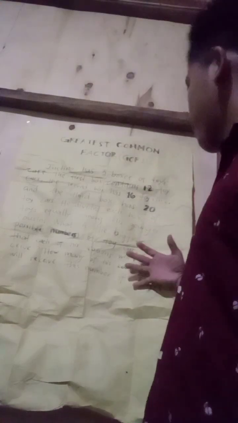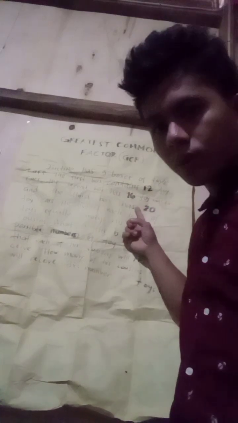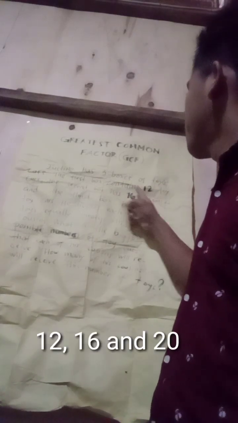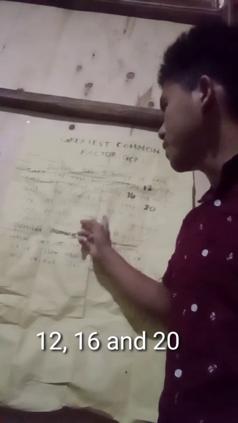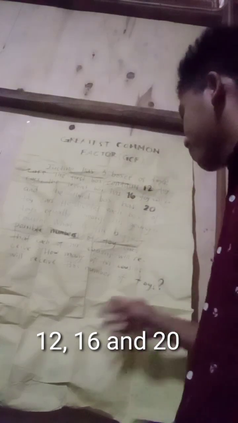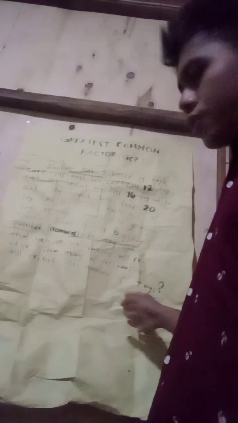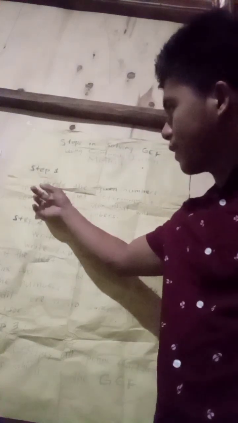So in this problem, we are given 12, which is the first box, 16, the second box, and 20, the third box of toy cars. But before that, I will show you the steps in solving GCF using the continuous division method. Step 1.